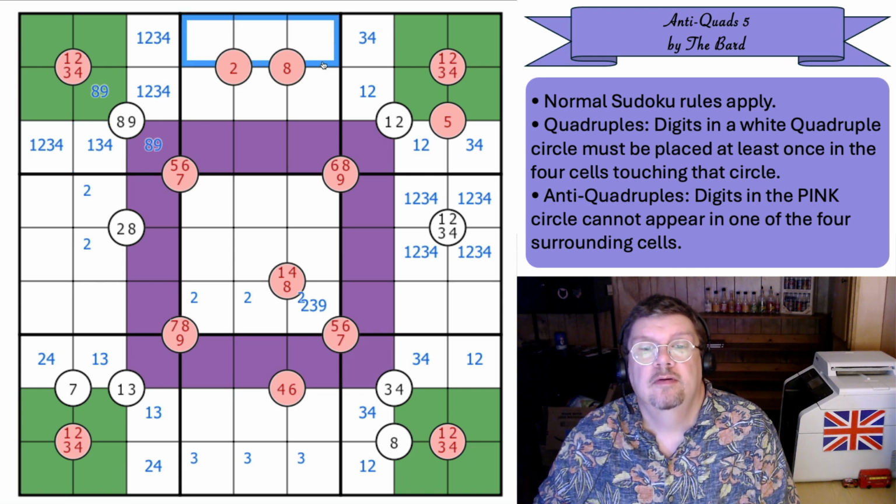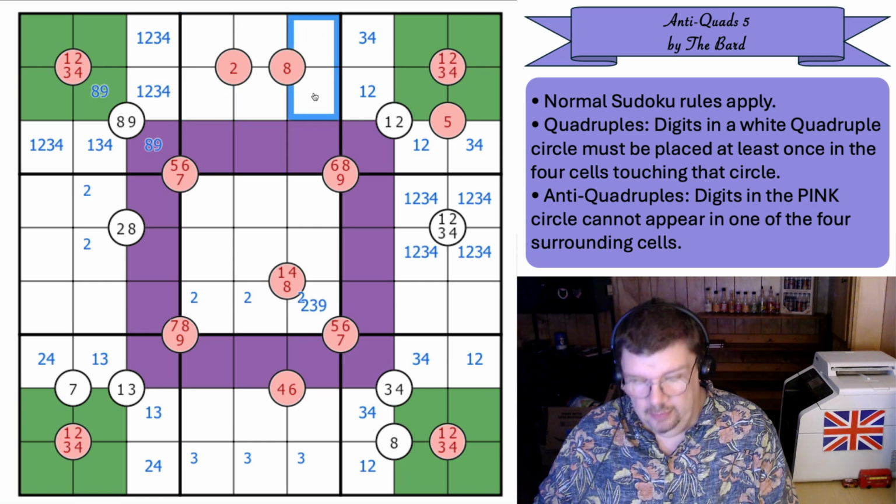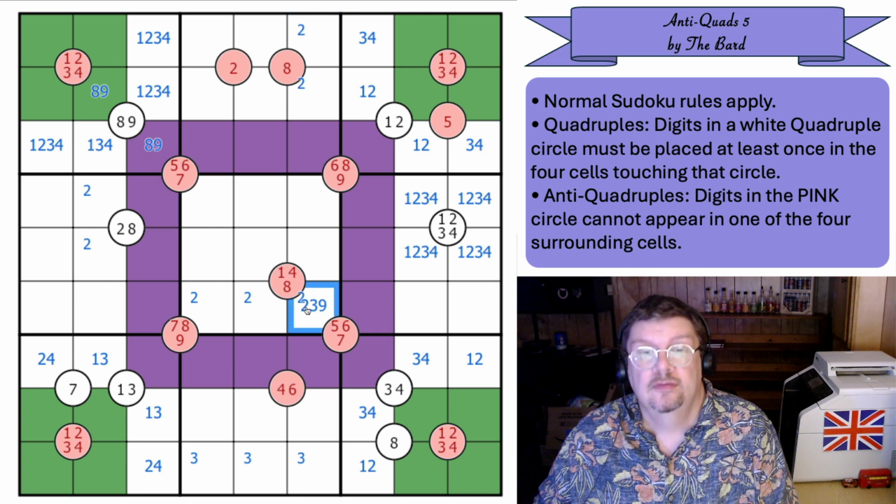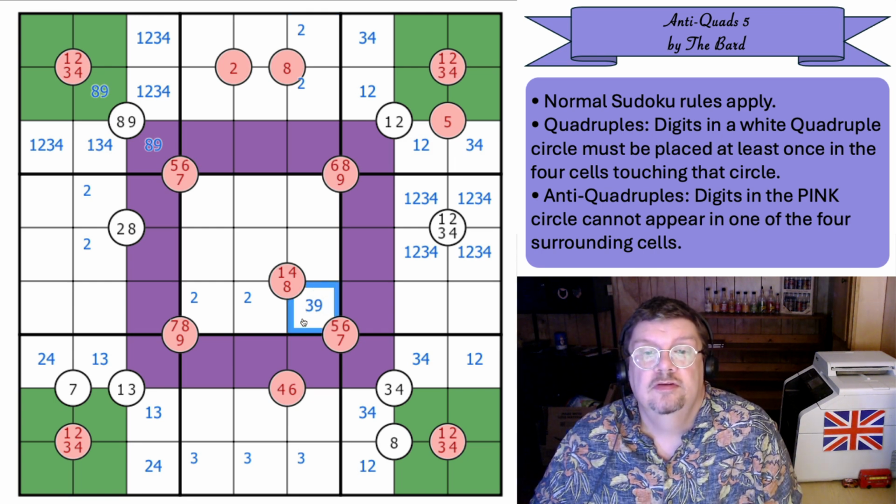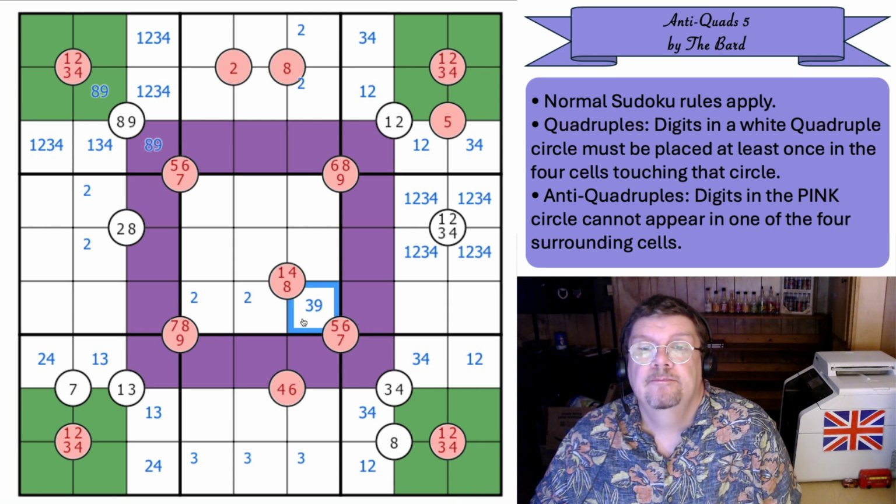Where does the 2 go in this box? I can't put it in purple. I can't put it around this antiquad. So I have a 2 in one of those. So that's not a 2. So that's now down to 3 or 9.